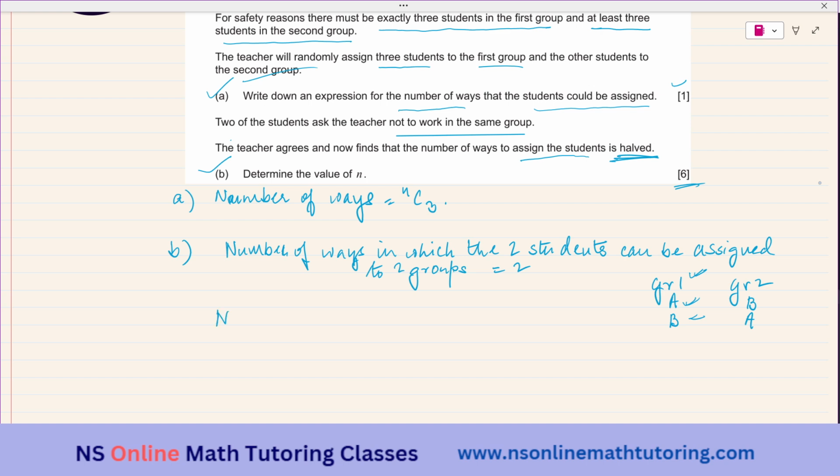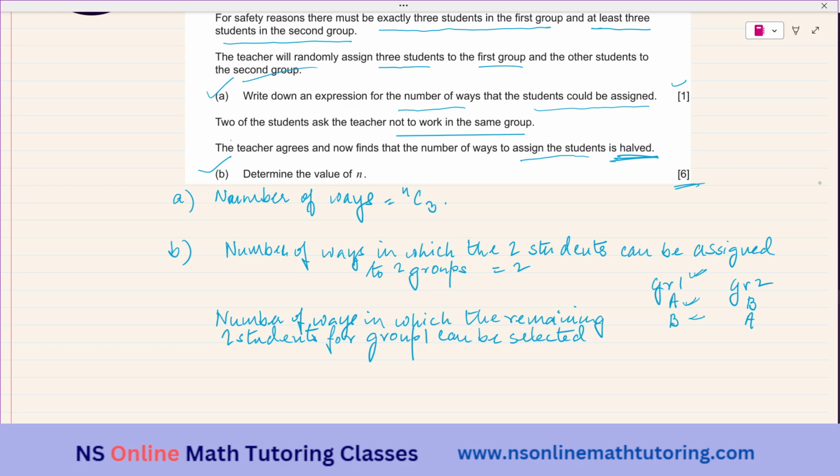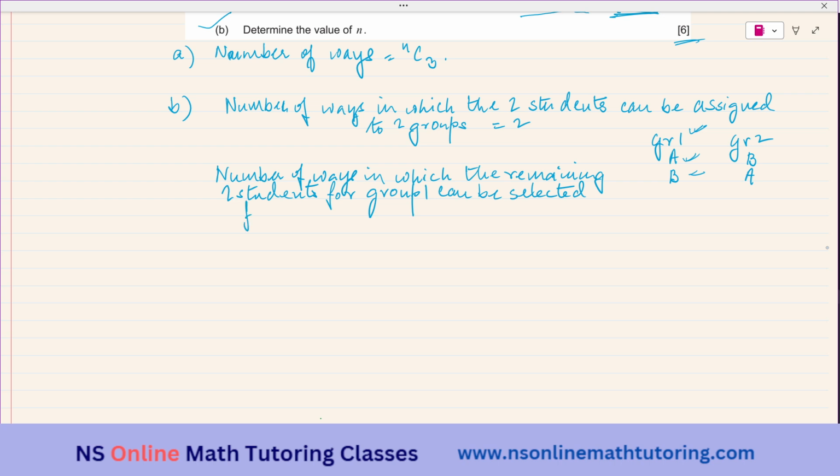So number of ways in which the remaining 2 students for group 1 can be selected from n minus 2 students is equal to n minus 2 C2.